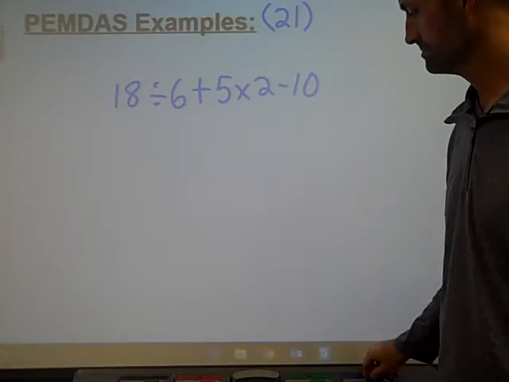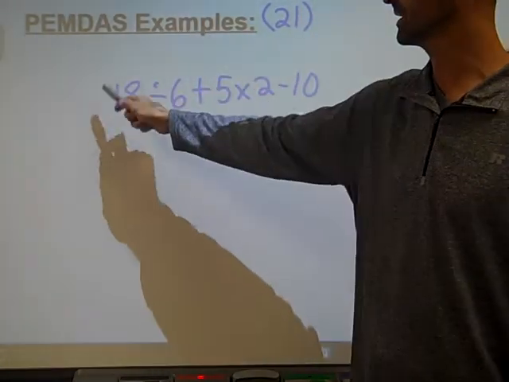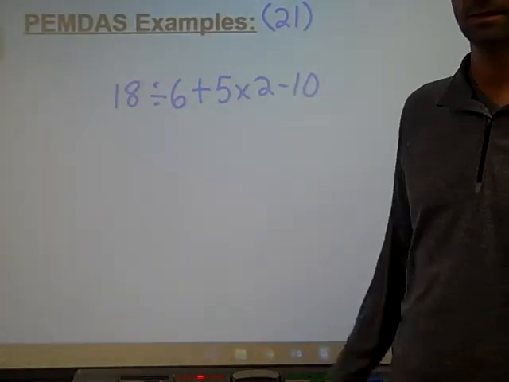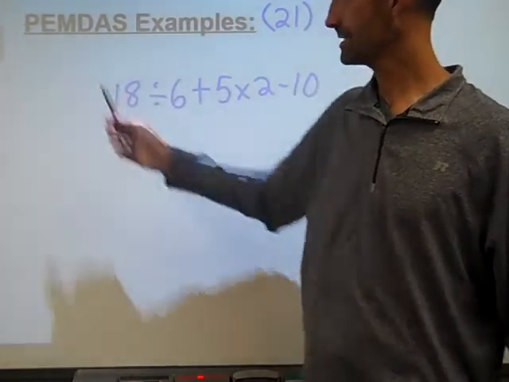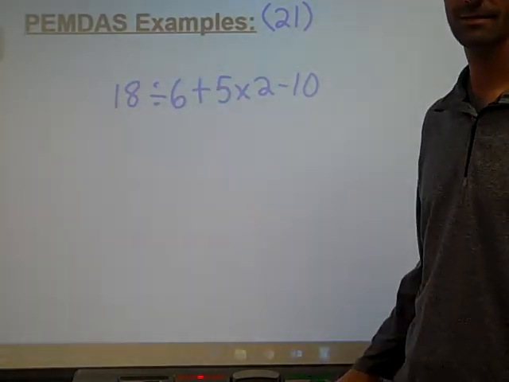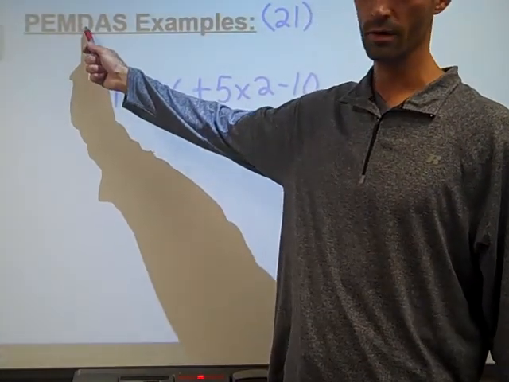And we start again with the letter P. Are there any parentheses in this expression? No. Okay. Are there any exponents? Any of the little like 2's or 3's? No. Is there multiplication or division?